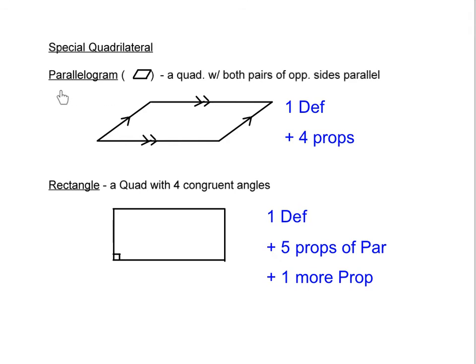A parallelogram is a quadrilateral with both pairs of opposite sides parallel. We will talk about that definition, and there are 4 more properties. Okay? A rectangle is a quadrilateral with 4 congruent angles. You will find that it is also a parallelogram, and it has one more property of its own.